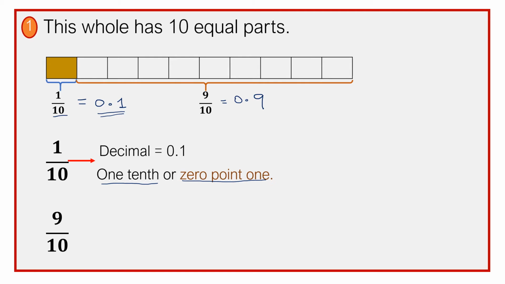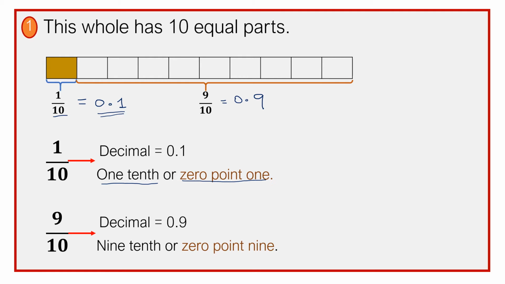Then 9 out of 10 as a decimal is 0.9, but this can be read as 9/10, or 0.9. So 1/10 is the same as 1 out of 10, and 1 out of 10 as a decimal is 0.1.